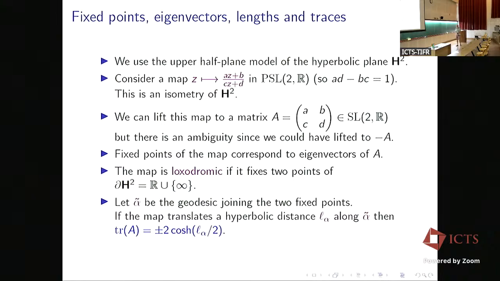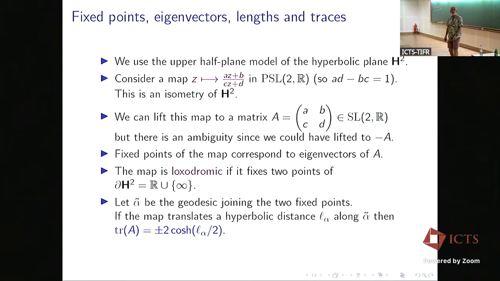But of course, there's an ambiguity when I lift, because the Möbius transformation has an overall factor that I can cancel top and bottom, and that factor has to be plus or minus 1 because of the determinant condition. So when I lift, I have two choices. And so we're going to take a little bit of care over which choices we're going to make.